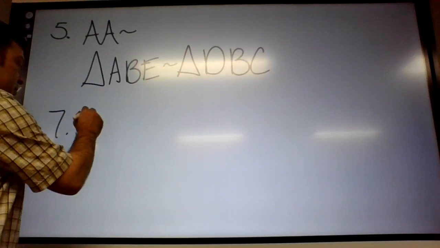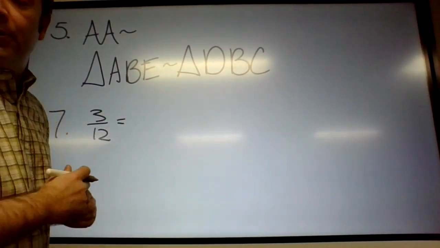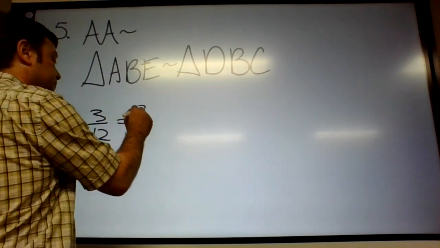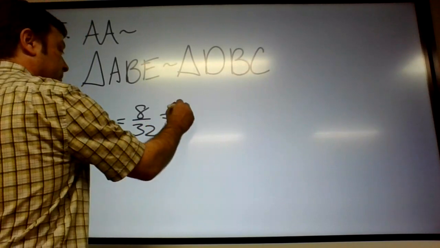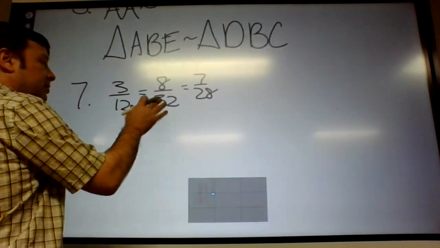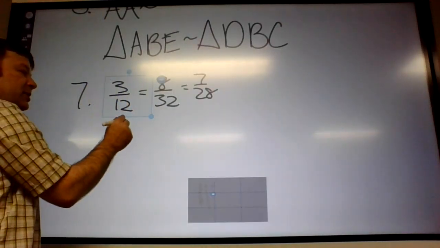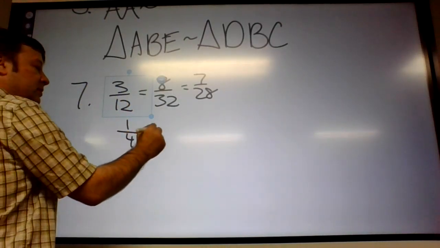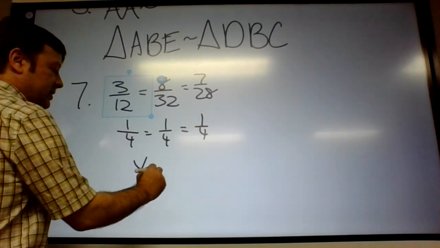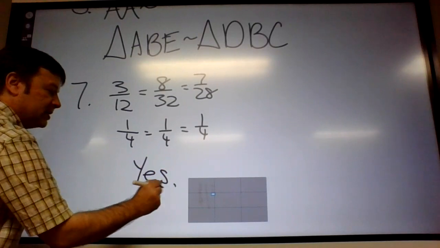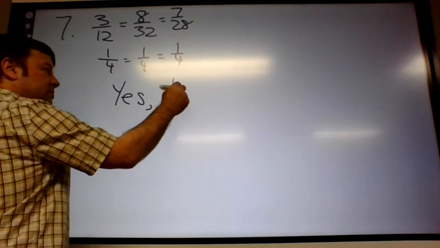Does 3 over 12 equal 8 over 32 and 7 over 28? You could cross multiply or reduce. 3 over 12 reduces to 1 over 4. So the answer is yes. And the similarity ratio is 1 to 4.